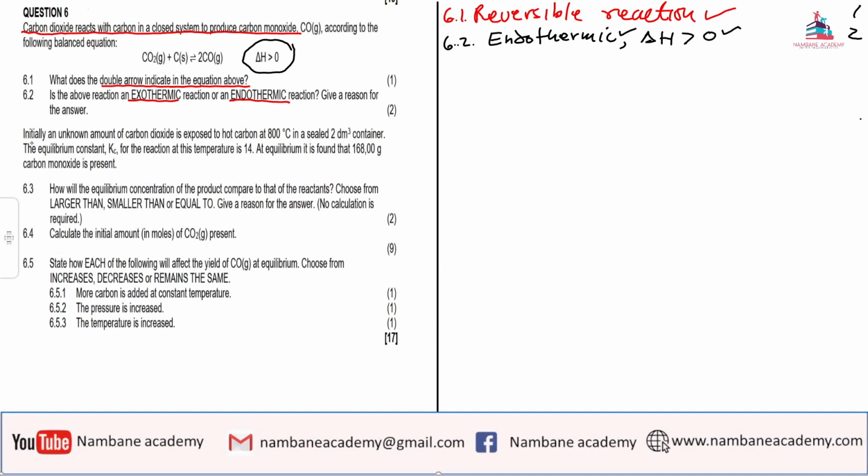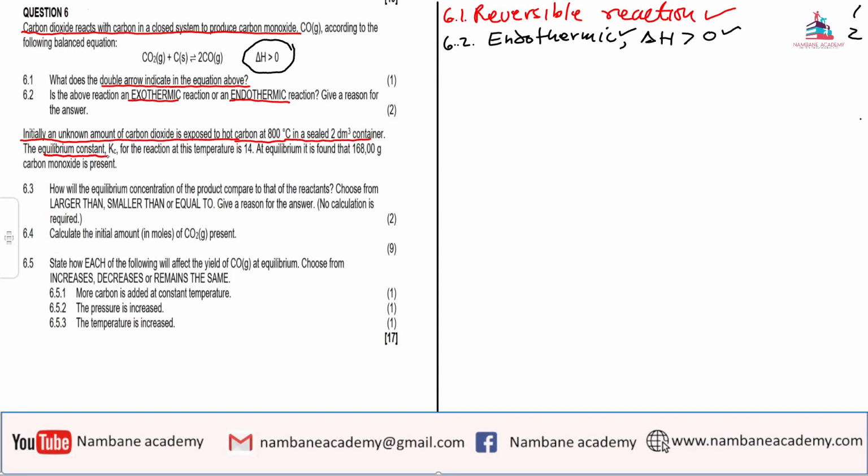Now let's check what the other statement says. It says initially an unknown amount of carbon dioxide is exposed to hot carbon at 800 degrees Celsius in a 2 decimeter cubed container.